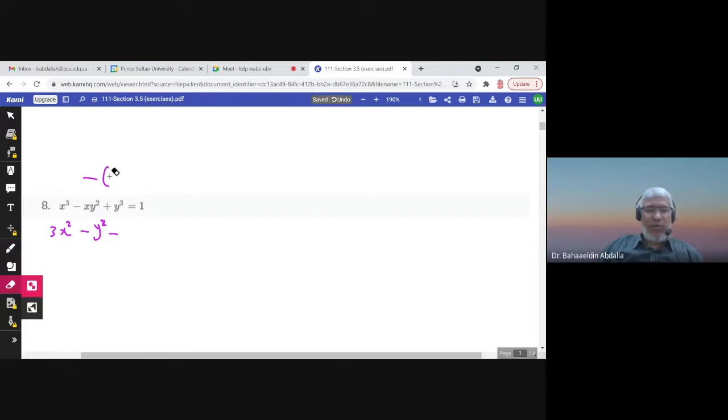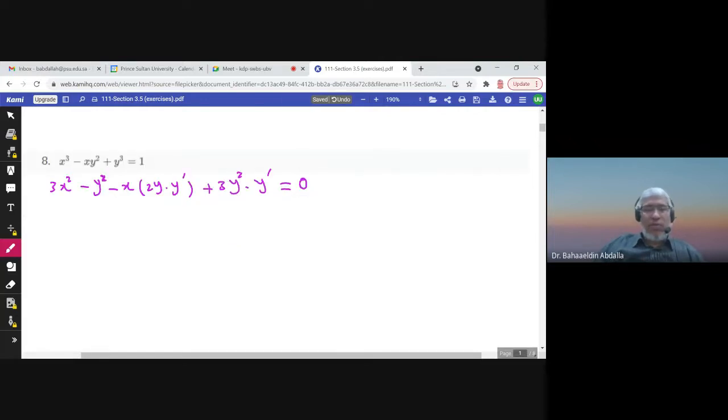No problem. At the end, you will have negative, negative. So negative x times the derivative of y squared, which is 2y times y prime, because y is a function of x, using the chain rule. Derivative of y cubed is 3y squared times y prime, because y is a function of x, and derivative of 1 is 0.